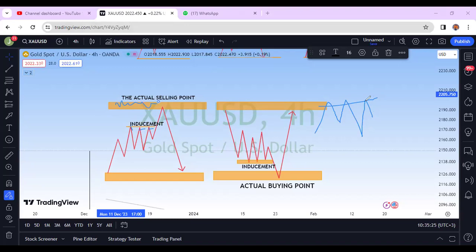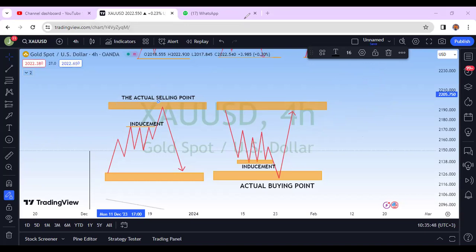Because most of the time, the price will react as if it is dropping from that zone. And assuming we have a zone up here, the market will just rally, take out the stops, and then react from here to continue downwards. Now the market will go in the intended direction without you. So that is the case of what we call inducement.